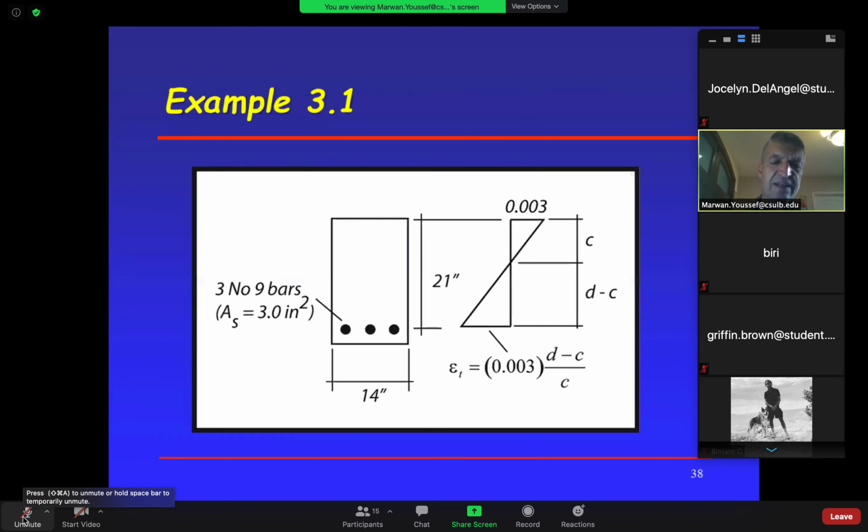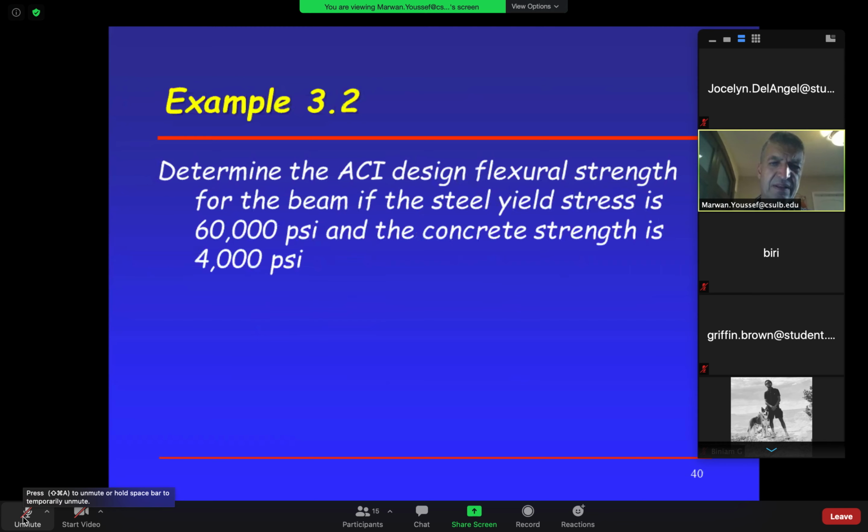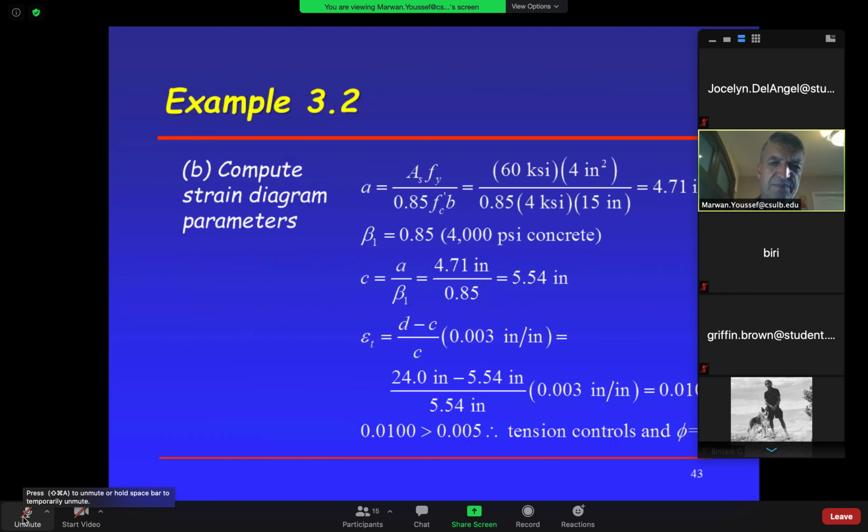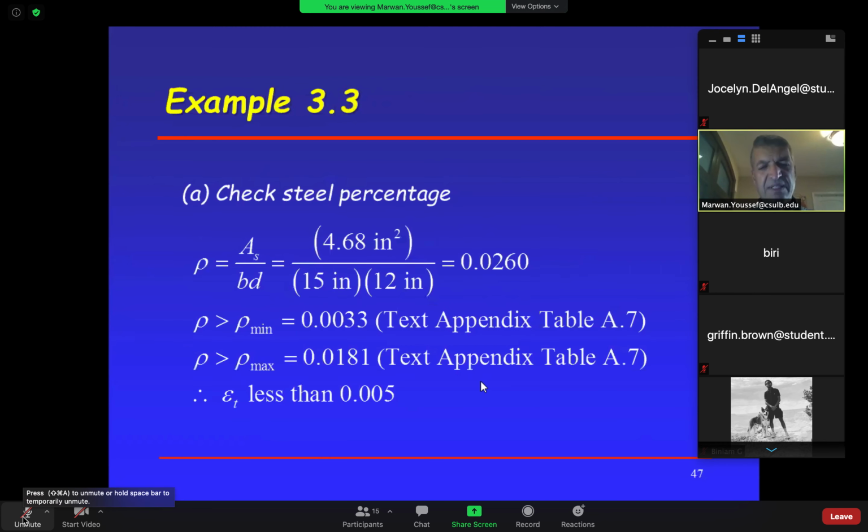So rho minimum is this. Look at our rho, 0.02, rho minimum 0.003. So we meet the rho minimum, no problem. And then again, why does the code ask for rho minimum? Rho minimum means I have minimum area of steel because AS minimum is rho minimum times B times D. See right here, look, if you cross multiply, AS equal rho BD.